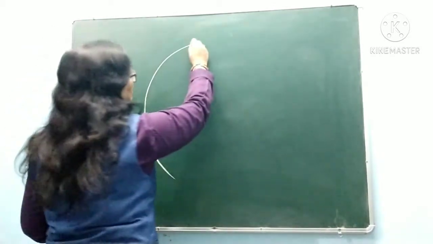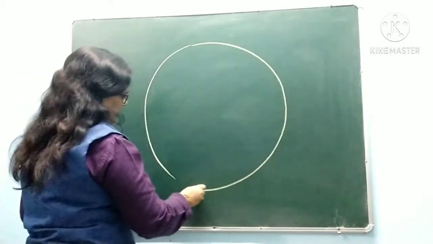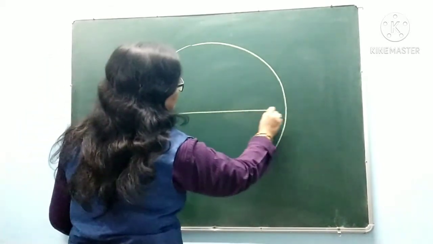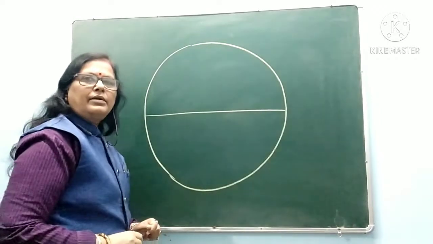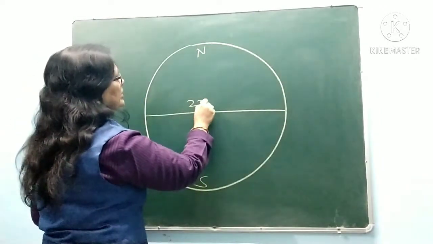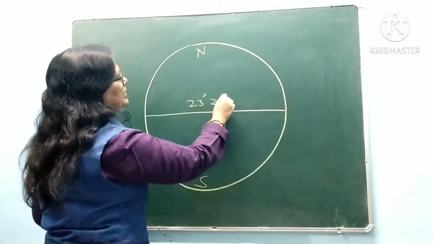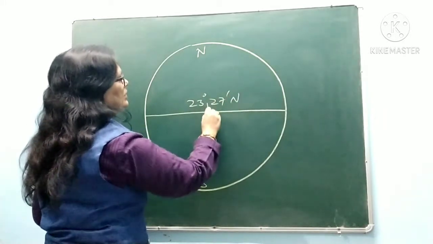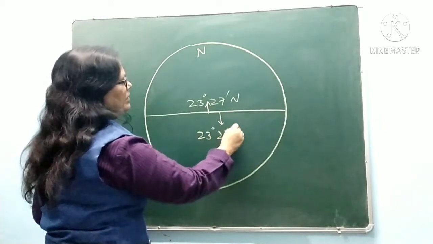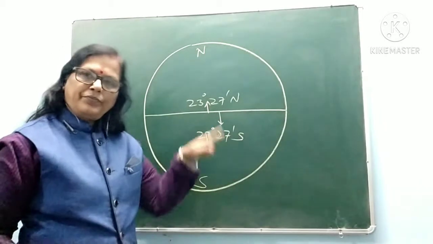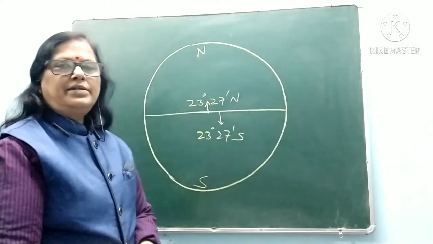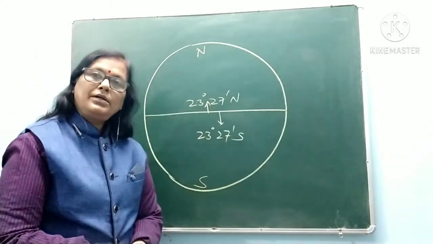Let us have a look on this diagram. Suppose it is Earth, it is equator line, north, south, 23 degree 27 minute north and 23 degree 27 minute south. These are the regions where sunlight is uniform throughout the year.